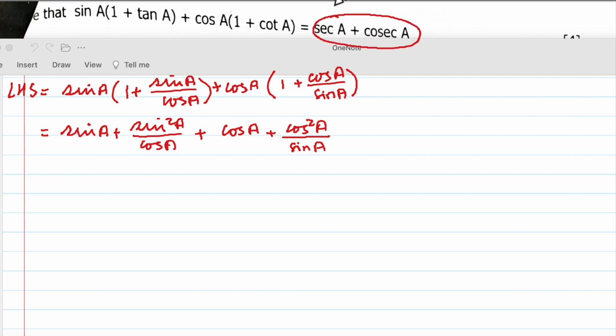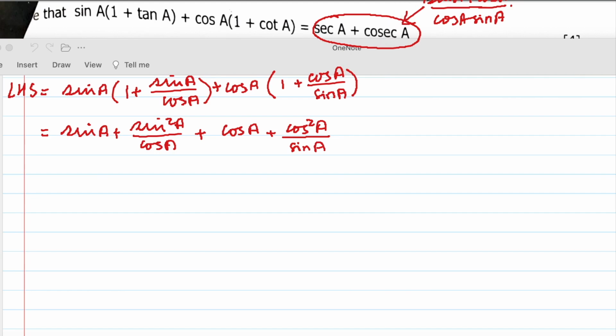This means it is 1 upon cos A plus 1 upon sine A, correct? Yes, ma'am. Which means I should have sine and cos in the denominator. So if you were to take the LCM, it will be cos A sine A in the denominator of this, and here I'll get sine A plus cos A. Are you understanding? Yes, ma'am.